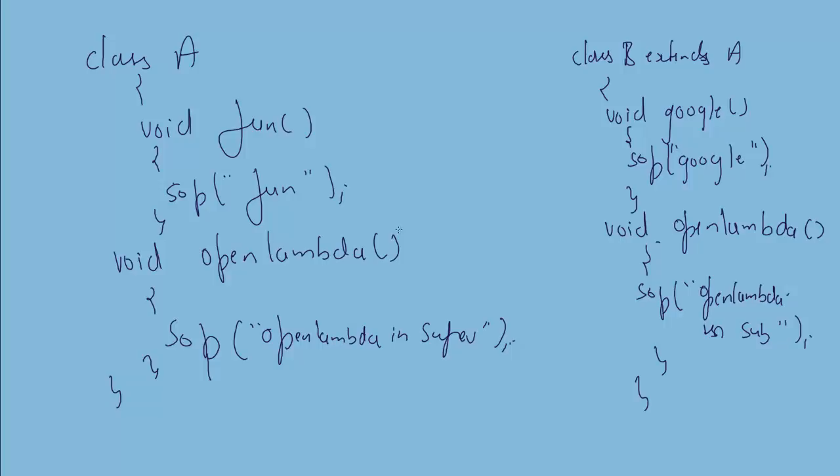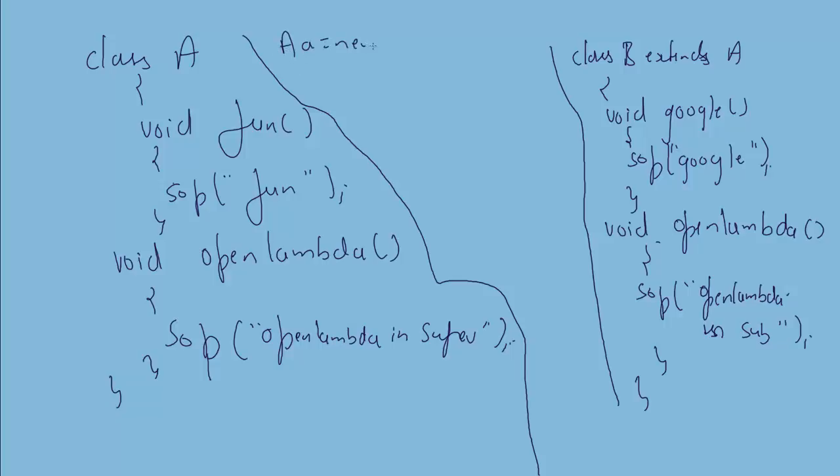Now let us start understanding the program. Now I'll be creating an object, A a is equal to new A. Through A, what members can I access? fun and open lambda.